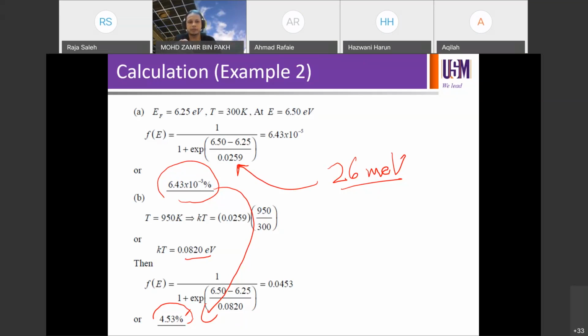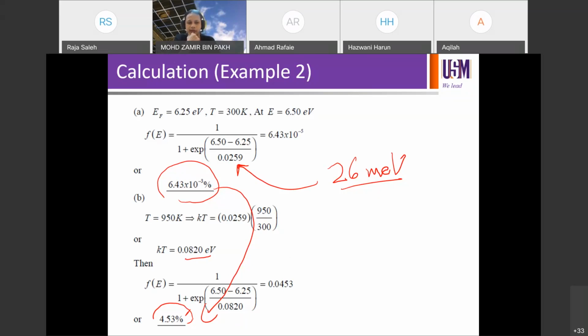Okay, for example, in this case, if your answer for part B is lower than part A, does it make sense? It doesn't make sense, right?